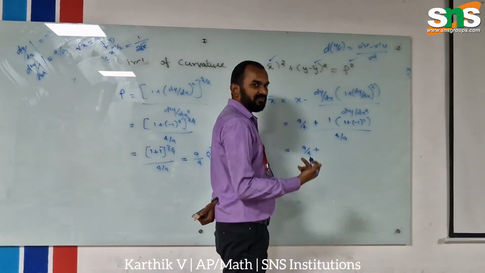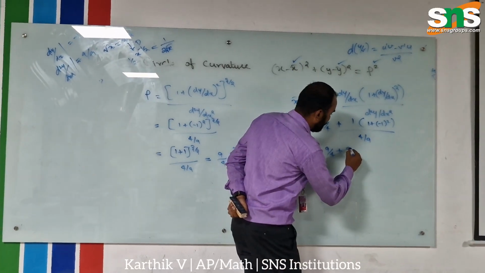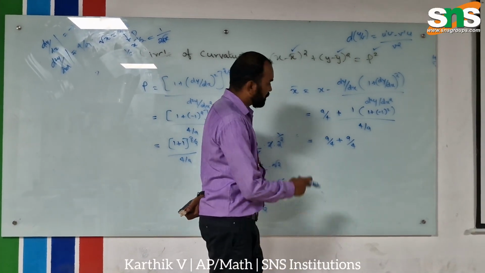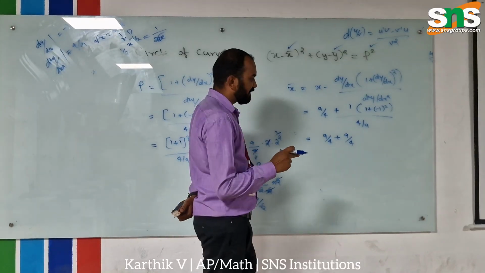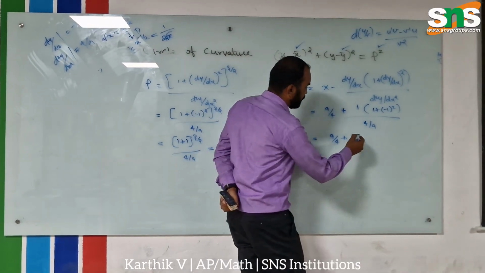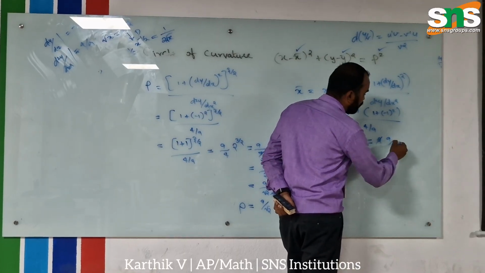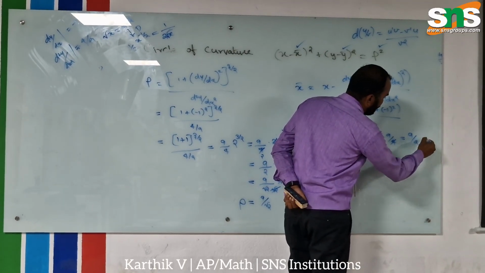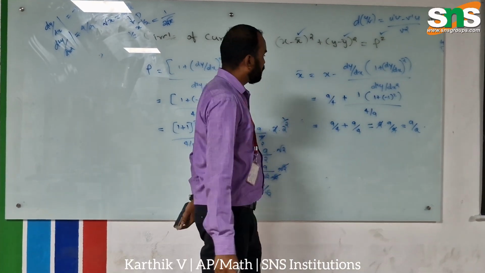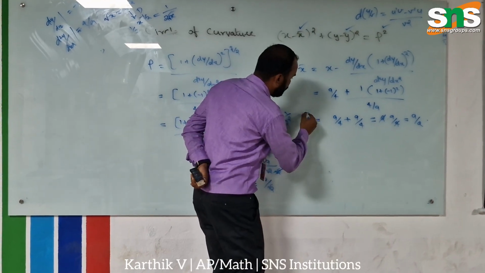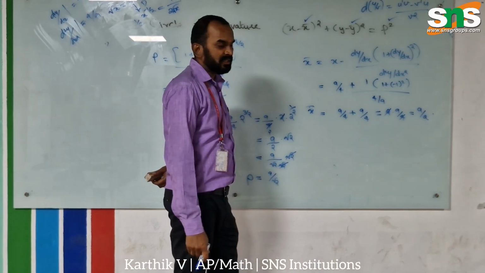Then 1 divided by 4 by a can be written as plus a by 4. Here a by 4 plus a by 4 is 2 times a by 4. They can cancel 2 and 4, that is a by 4. So the x bar value is a by 2.